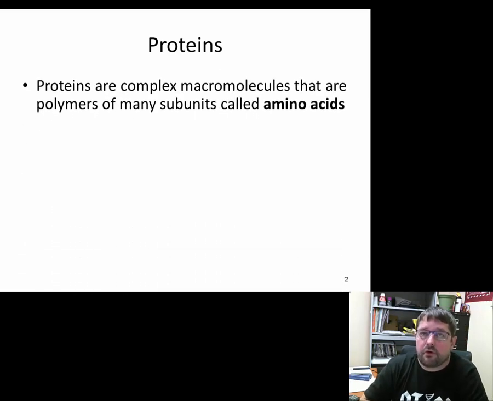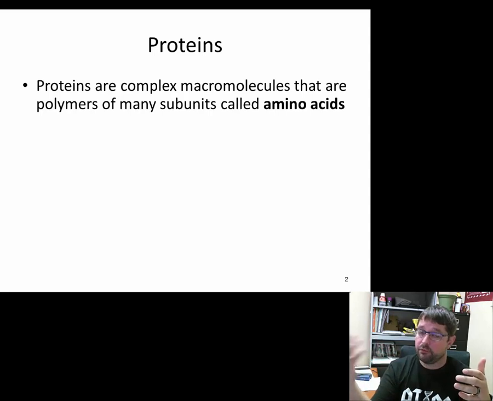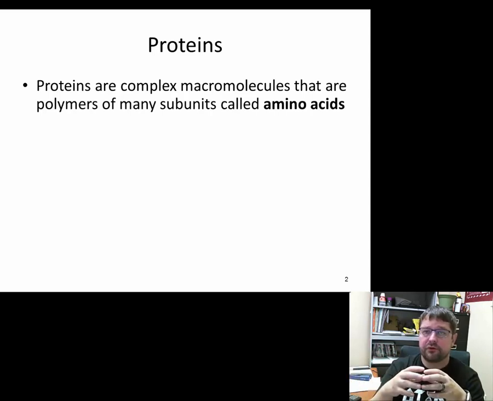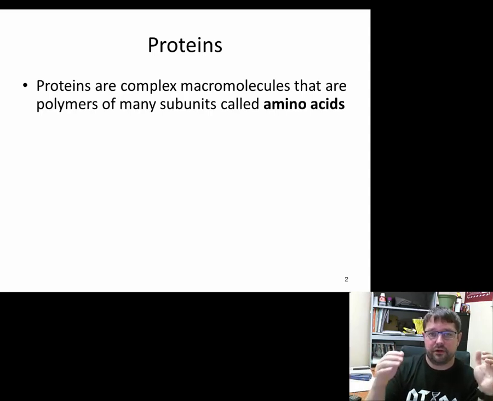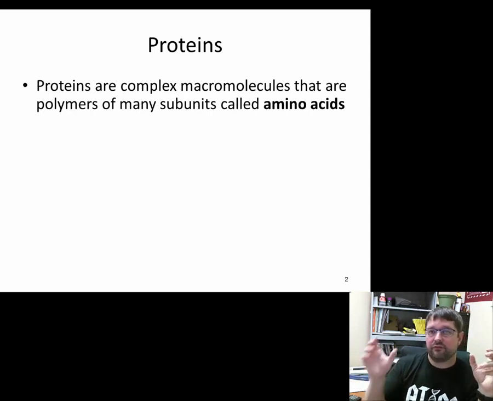So proteins are macromolecules or biomolecules that are made up of amino acids. And this will play a very important role as we move further into the course. We'll talk about the link between nucleic acids, so DNA, and amino acids and proteins, because it's DNA that codes for your proteins.